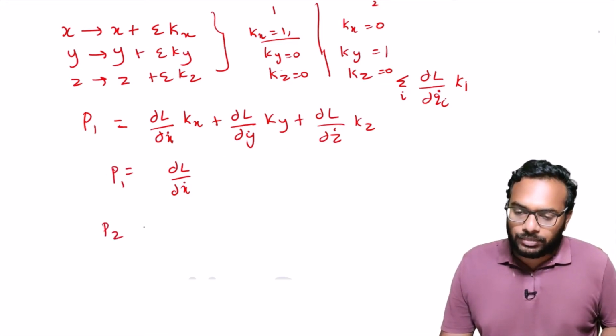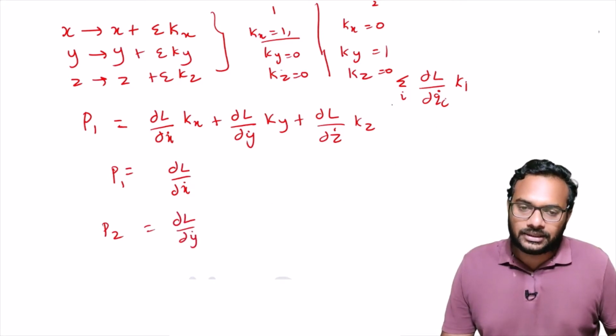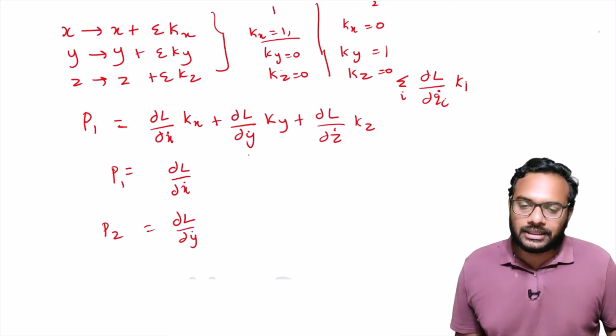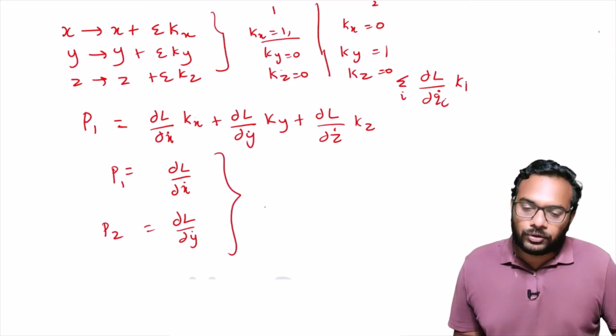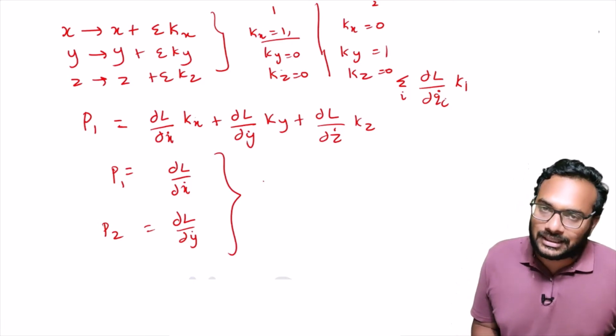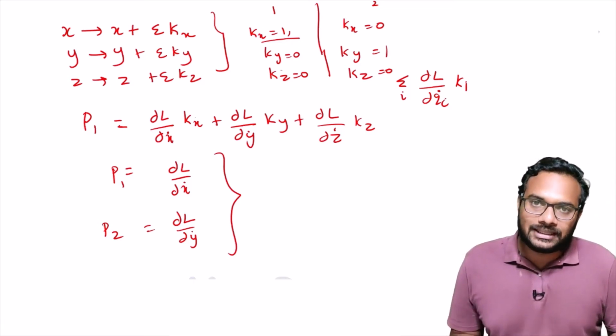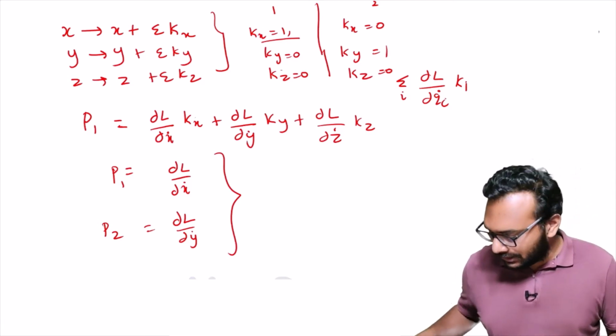Similarly, you will get p2 equal to ∂L/∂ẏ using the same relation. In the second case you take kx equal to 0 and kz equal to 0 and you get ∂L/∂ẏ. This is exactly the same thing that we found using the fact that x and y are cyclic. I just wanted to show that this is a special case of Noether's theorem.